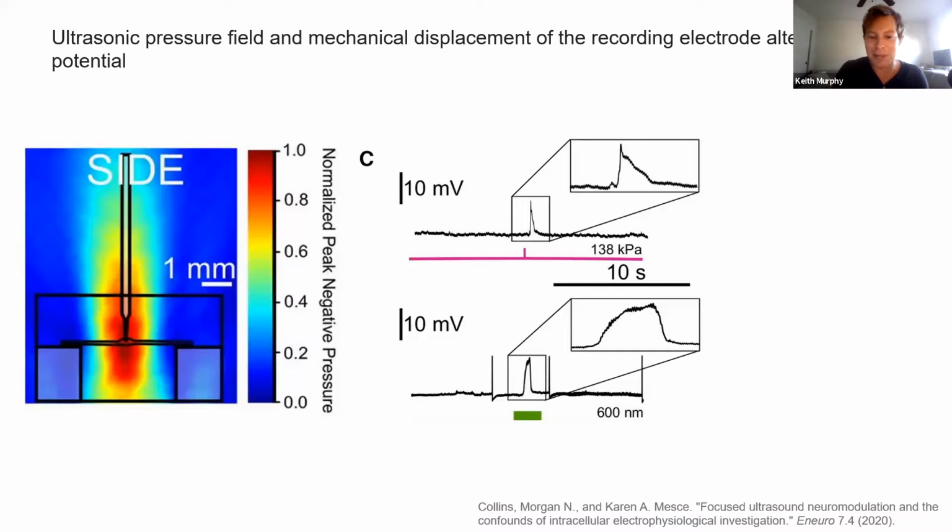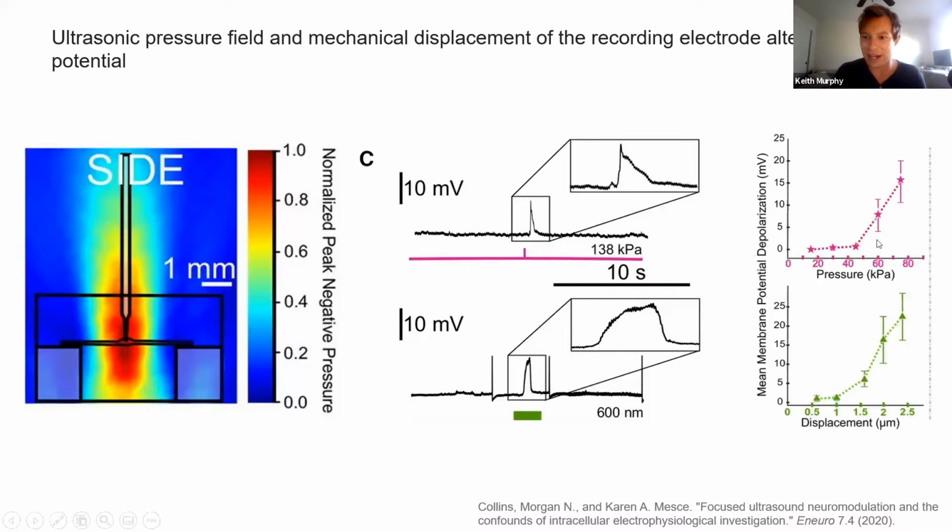The problem, and the whole crux of this paper, is that when you did a very similar perturbation, but instead of delivering ultrasound you actually move the pipette up and down slowly, where it still maintains contact but is physically perturbed in space, shown in green here, you could get a deflection in the electrophysiological signal that looked very similar in amplitude to our ultrasound perturbation.